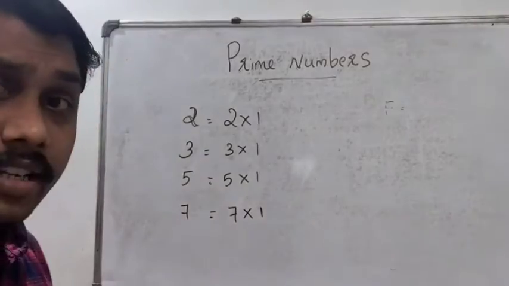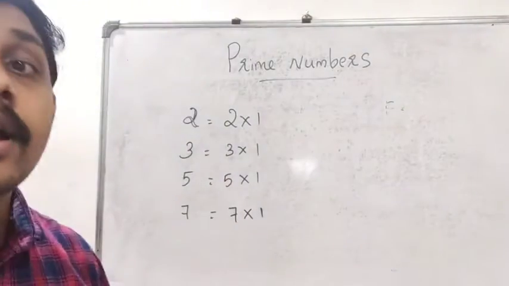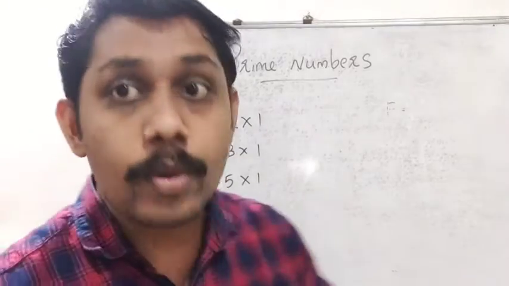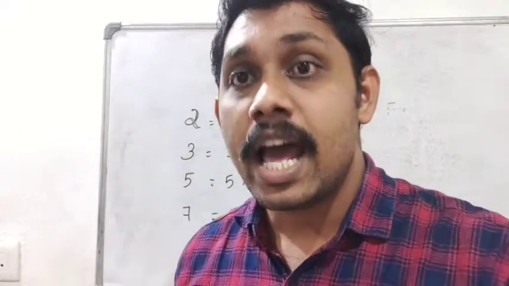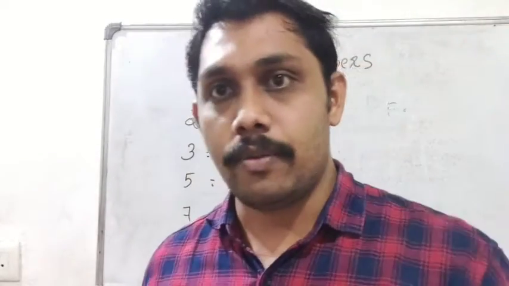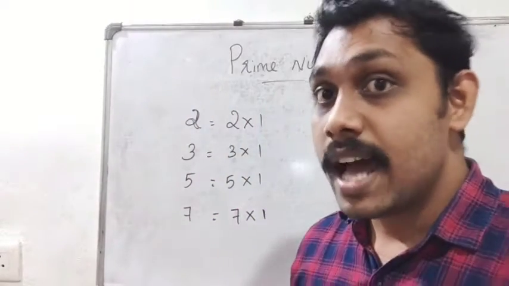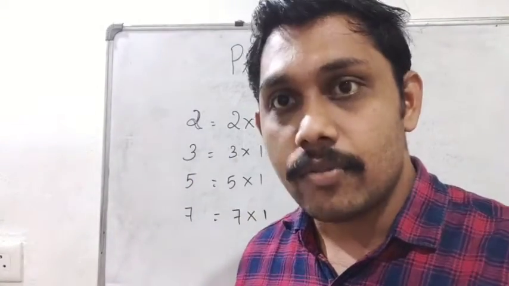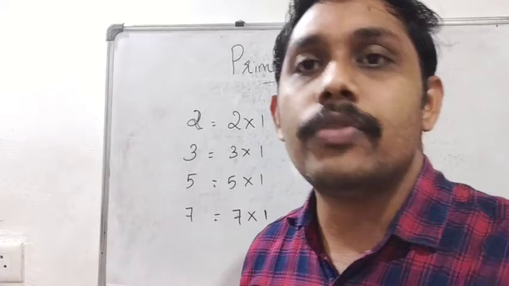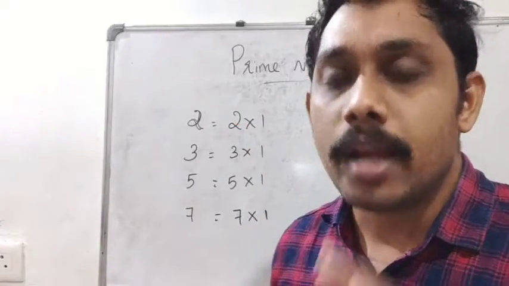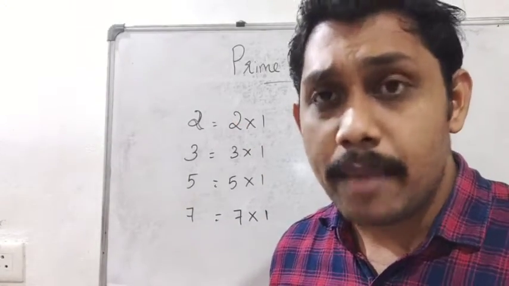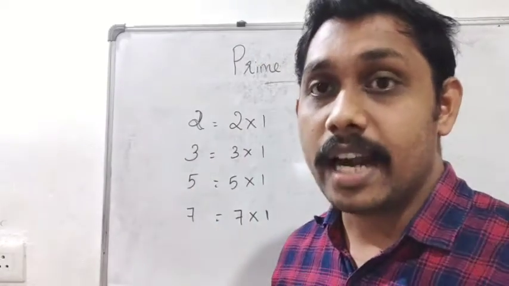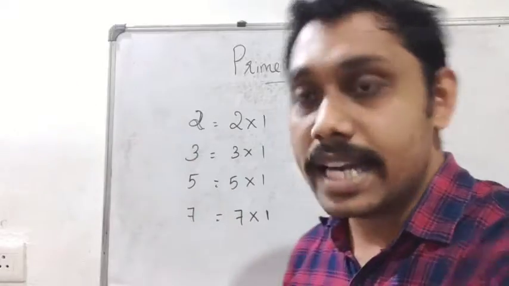No. So some numbers have factors 1 and the number itself. That kind of numbers are called prime numbers. So prime numbers have only two factors, that is 1 and the number itself.